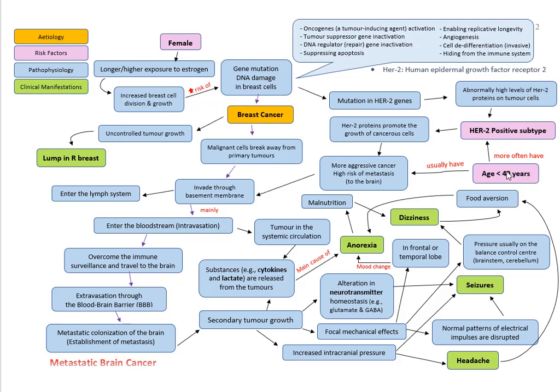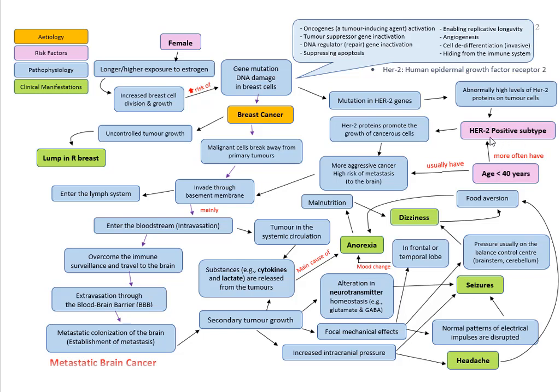In terms of the younger age, many students put this into the breast cancer, which was incorrect. To develop breast cancer, it's more associated with an older age, in the 50s, not in the 30s. So the risk for a younger age in this particular case is the risk of the breast cancer spreading into the brain. And same with this particular subtype.